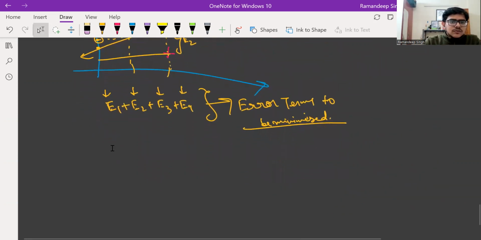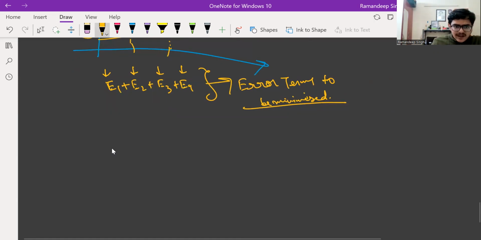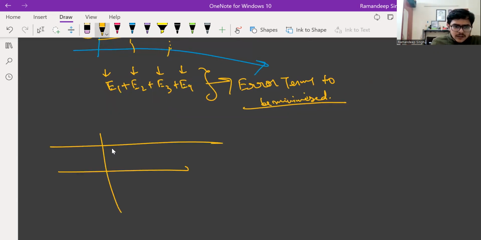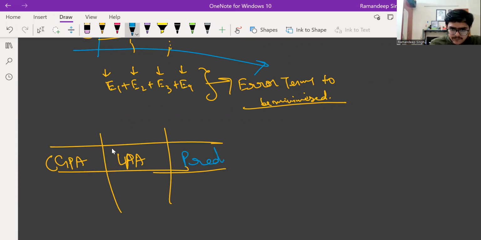Okay, so what is basically happening here is we have three columns, right? This is the CGPA, this is the actual placement, and there is the prediction, whichever model is giving to us. Suppose CGPA was 8, LPA was 12, but my prediction was something like 7 LPA.